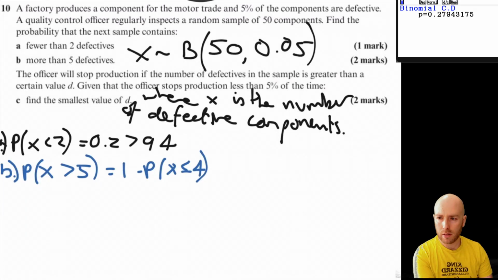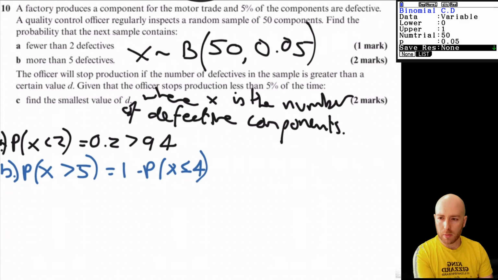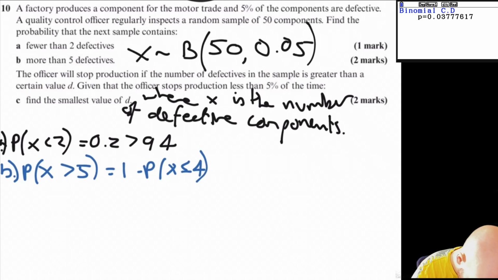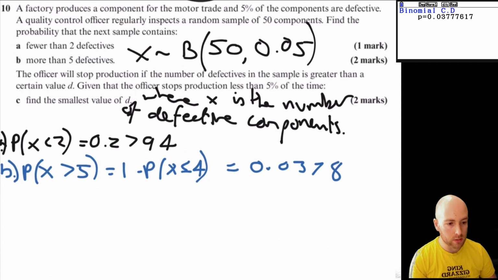So lower is going to be 6. Upper is going to be 50. Everything else is the same. There we go. So 0.0378. Good. So again, well done, you two.